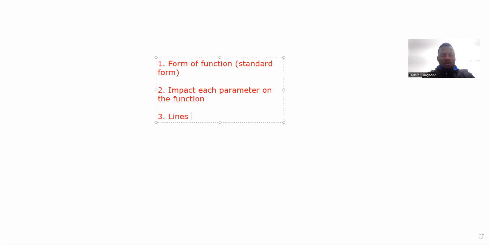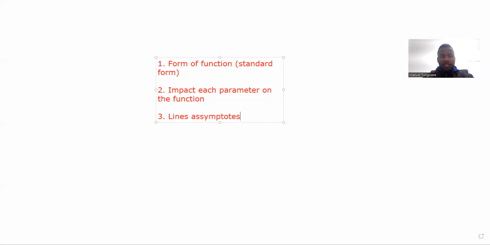And then you need to be able to derive the lines of asymptote. If you don't know what an asymptote is, an asymptote is the line that the curve can never touch, because at that line the curve will be undefined, right? So essentially it's the set of y or x values that cannot be input into the graph, because you're going to get an error in your calculation.